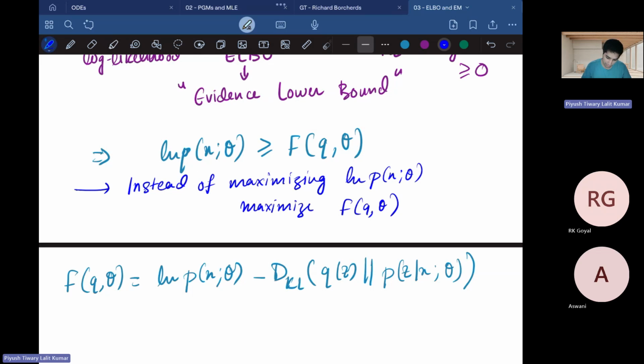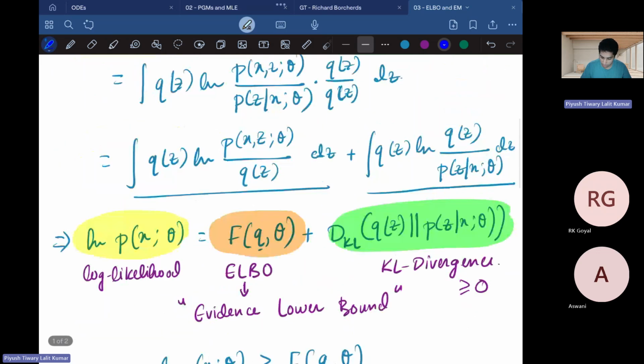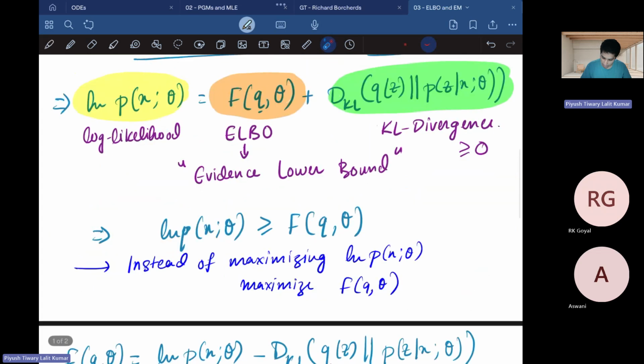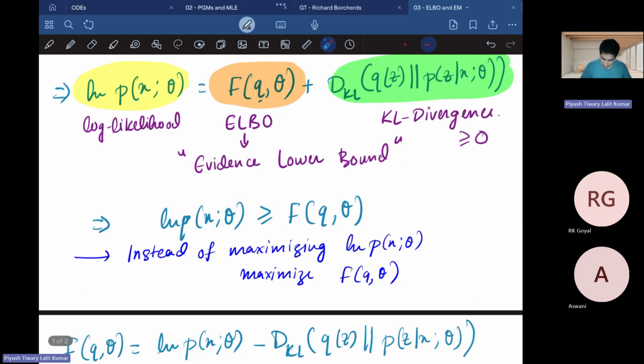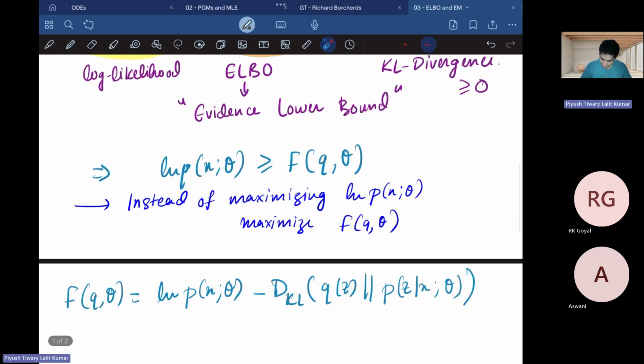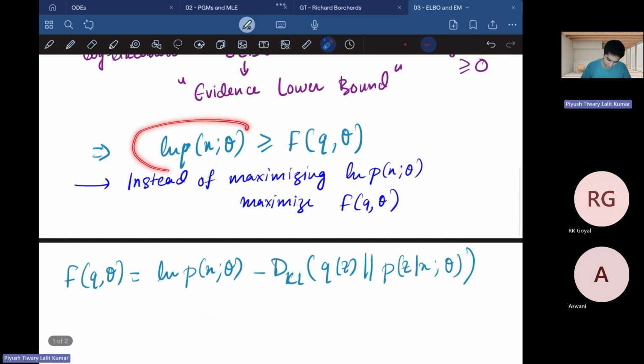Now, ELBO is a function of both q and theta, because q is a distribution over z, and theta is basically your parameters, right? So the idea is that instead of maximizing this, you maximize this. Why do we want a lower bound on this log likelihood for maximization?